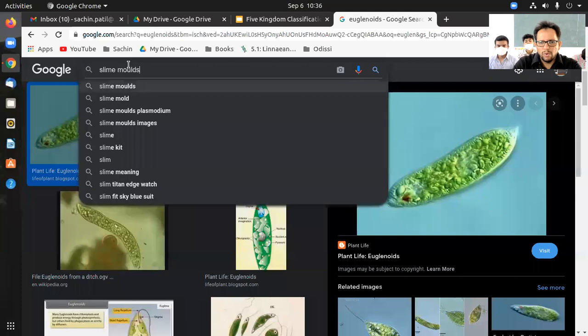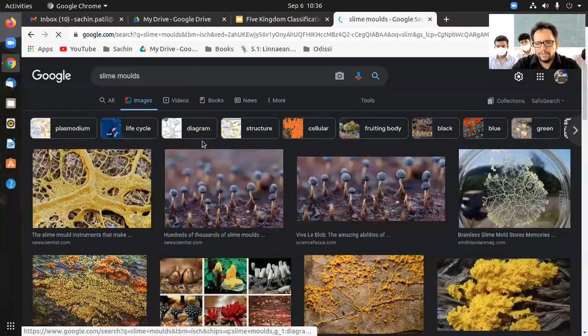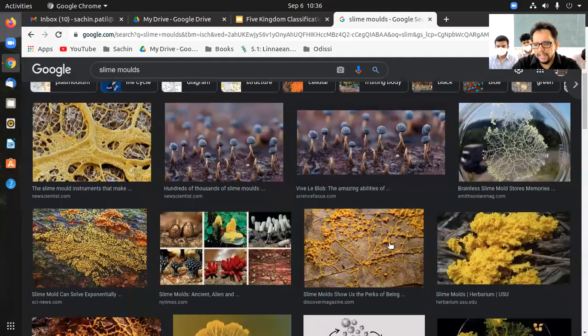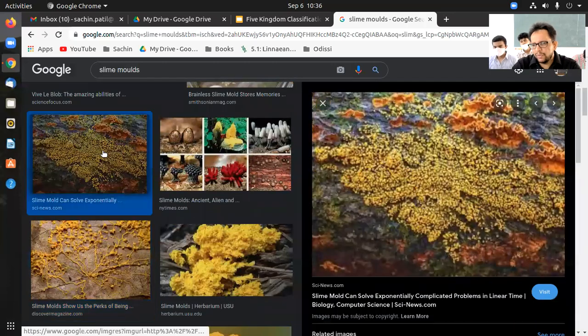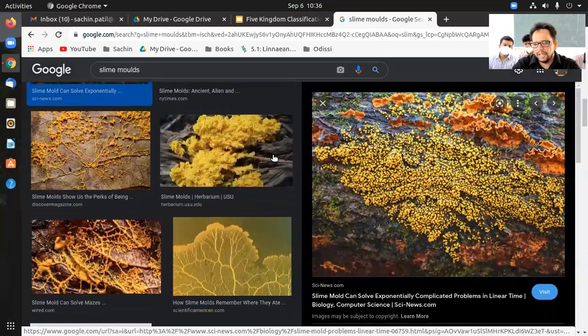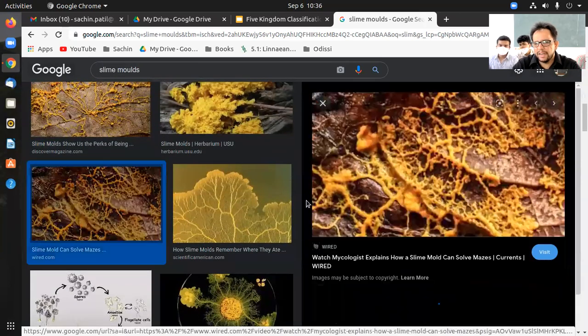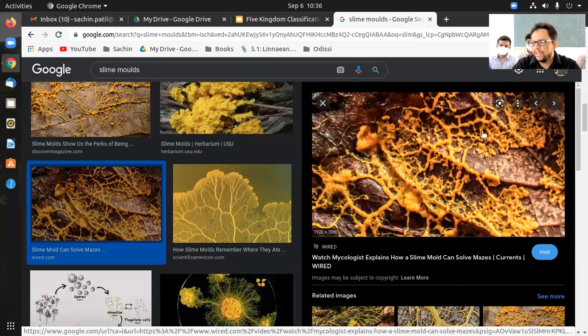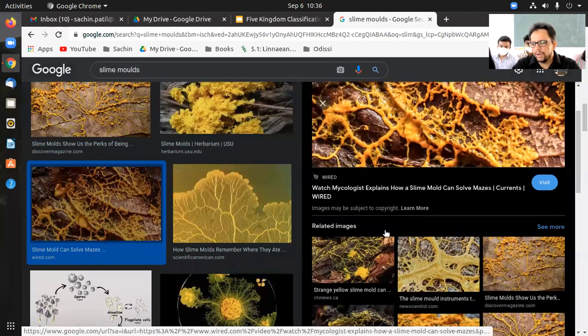Slime molds, especially this one, is very commonly seen on plant surfaces or on dead plants specifically, dead leaves also. You can see here, dead leaves has this slime mold growing on it.